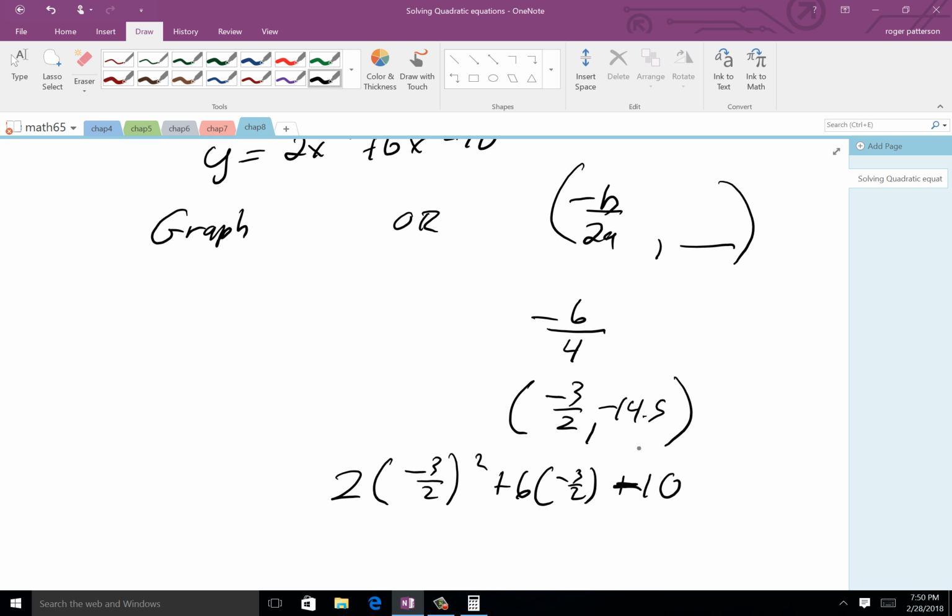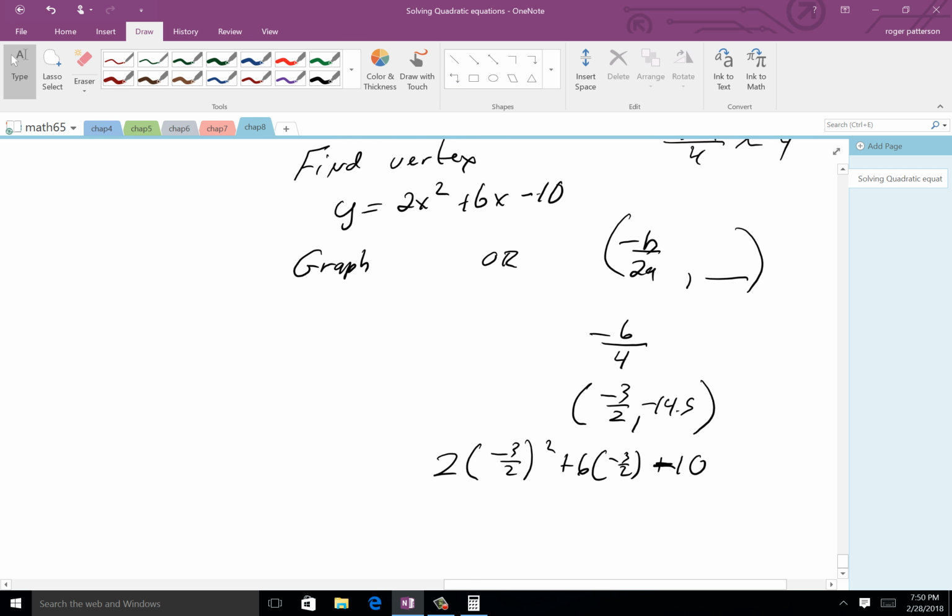The 10 just moves the graph up and down, but the b shifts it too. So it's not going to be negative 10 all the time, anyway. Okay, so that's that part. That's all there is to those.